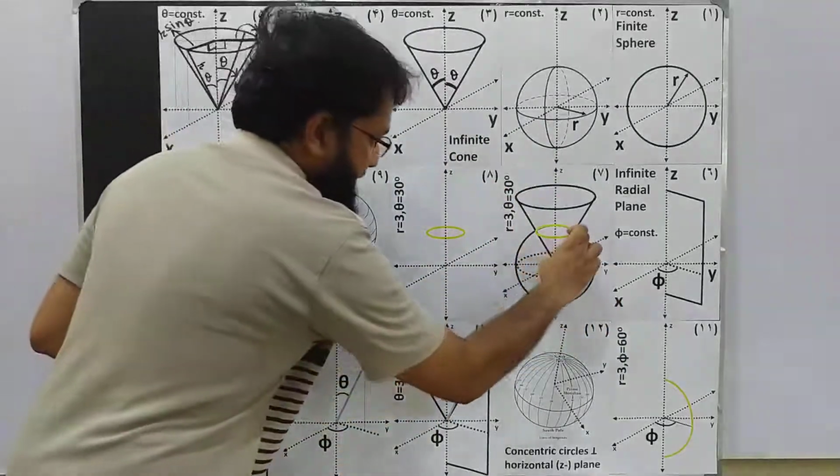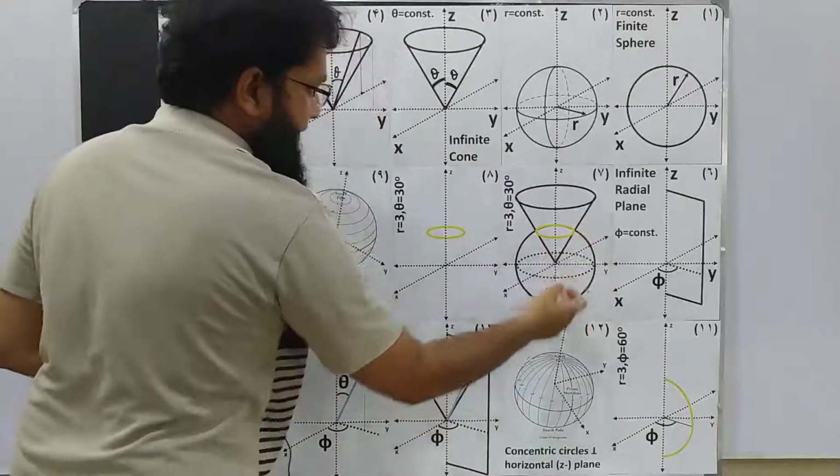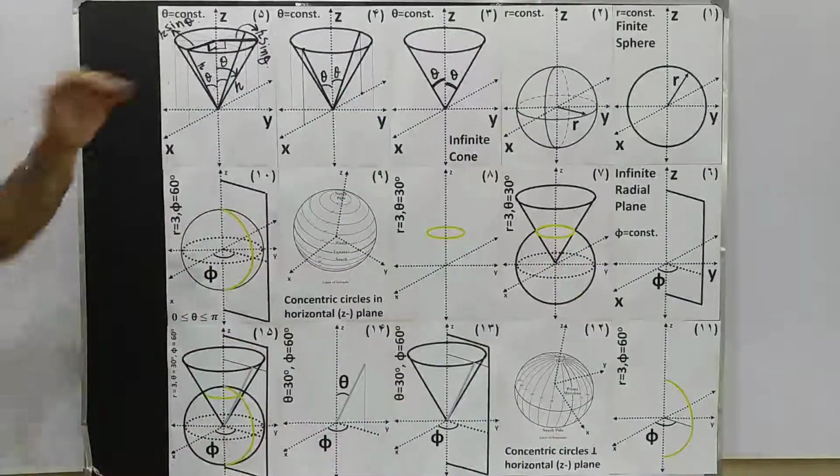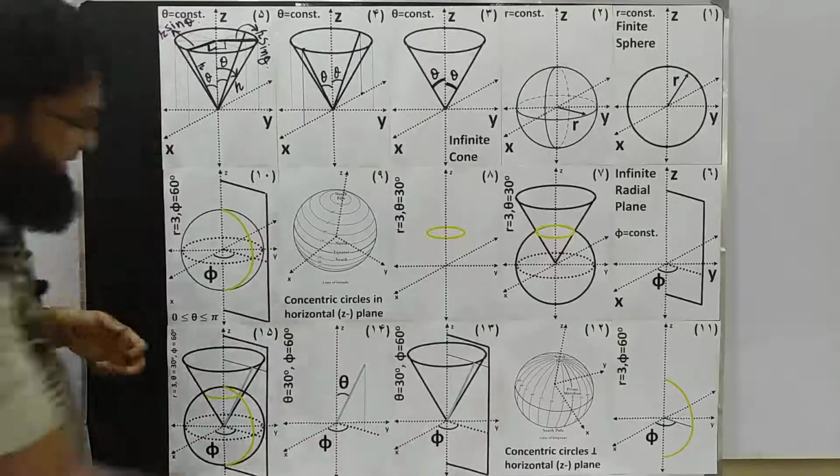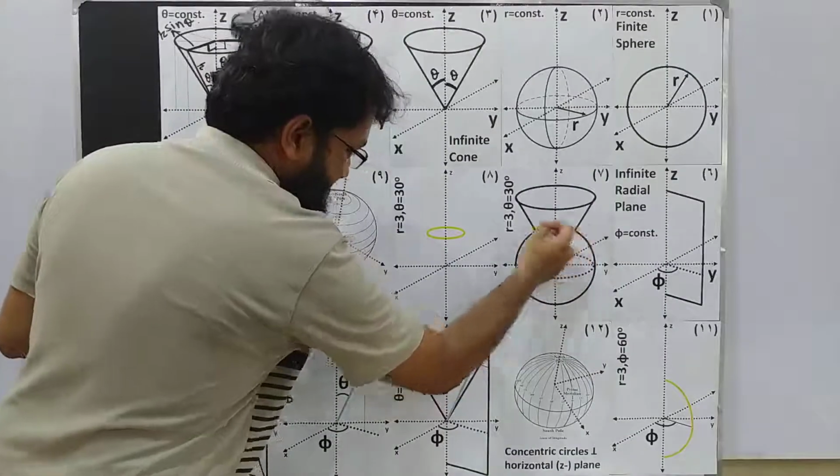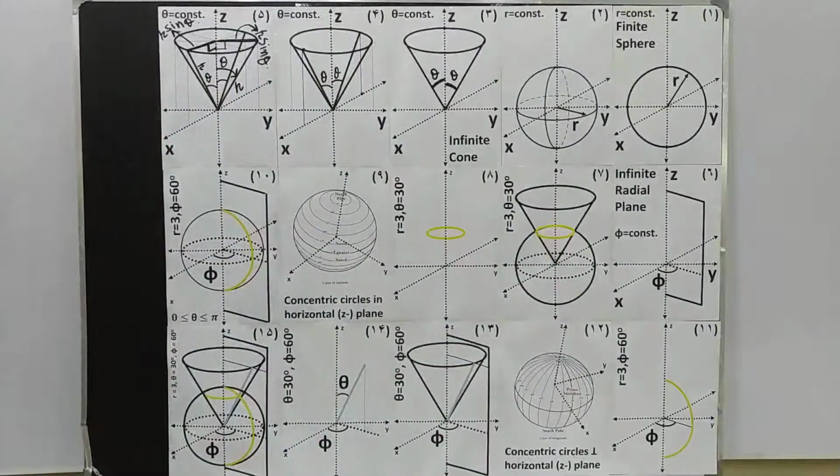So the radius is r and the angle is theta. The radius of this yellow circle will always be r sine theta.